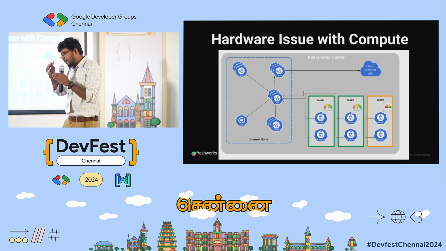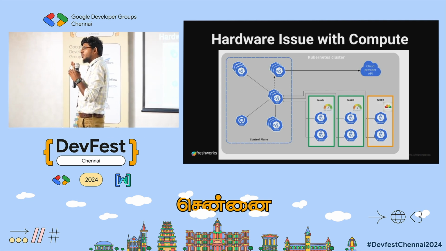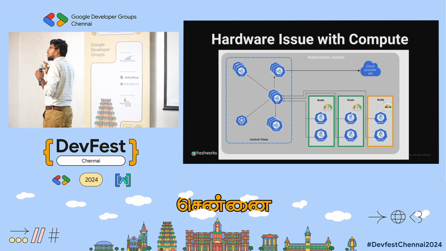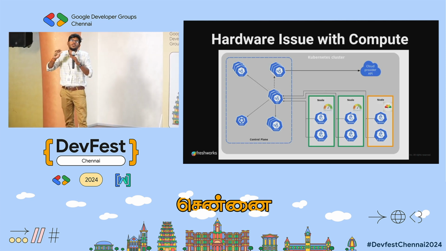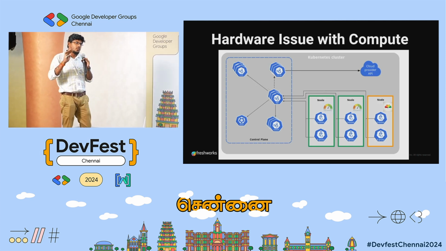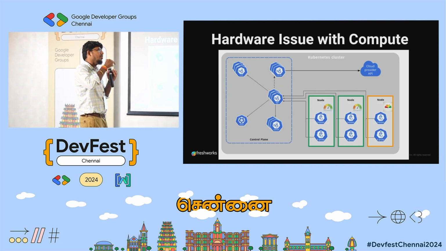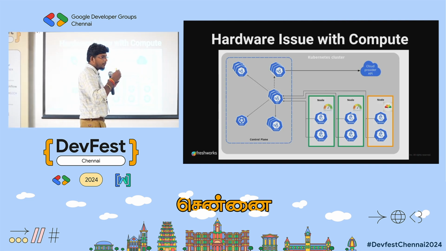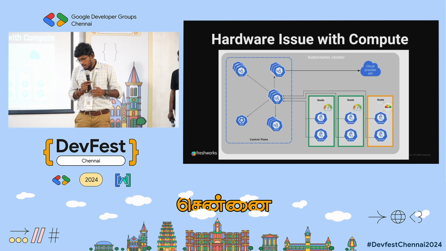Similarly, we have very critical proxy applications that need to be up and running to route traffic to our application. If that is down, the entire system is down, even though the app and BG and everything is running. So that is a very critical application which will be hosted in a different node group. Similarly, we have multiple node groups in our application.